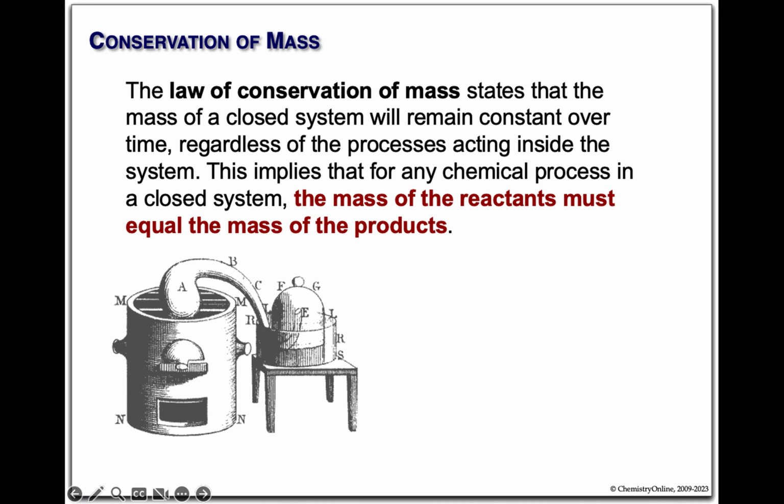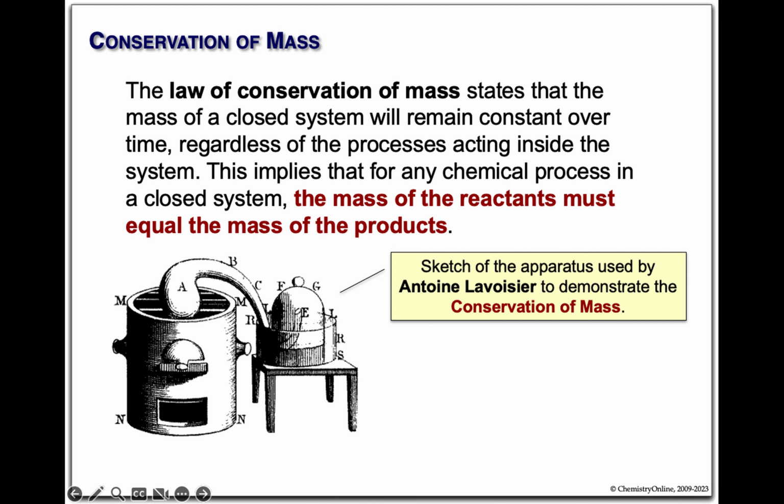When I said the reaction arrow had the properties of an equal sign, I said same numbers and types of atoms on both sides, right? Also the same mass on both sides. This is the law of conservation of mass.